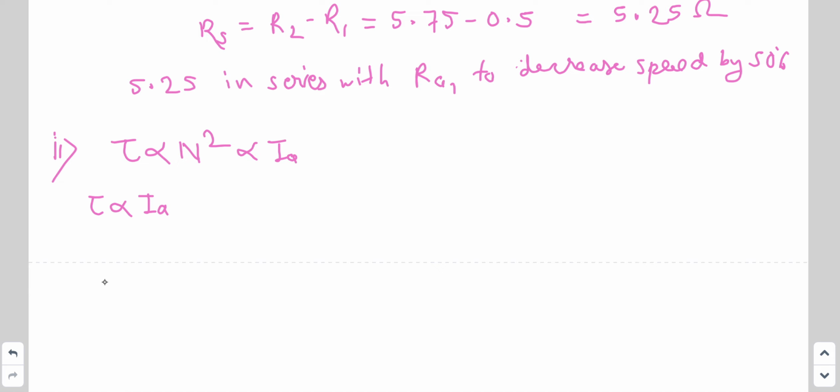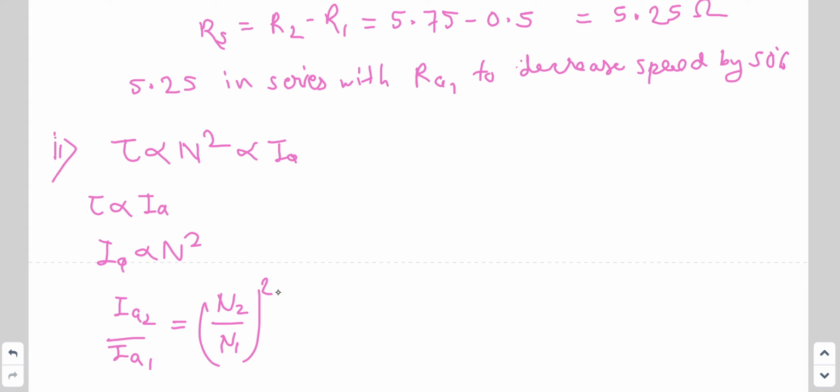So we can infer from this that Ia will be directly proportional to N square. So we can write it as Ia2 divided by Ia1 is equal to N2 by N1 to the power 2.